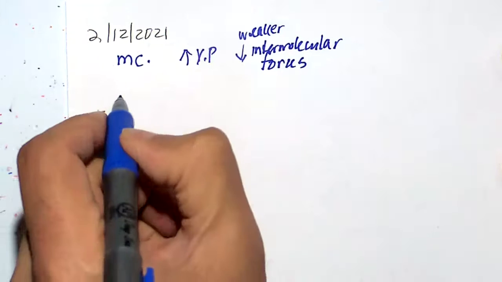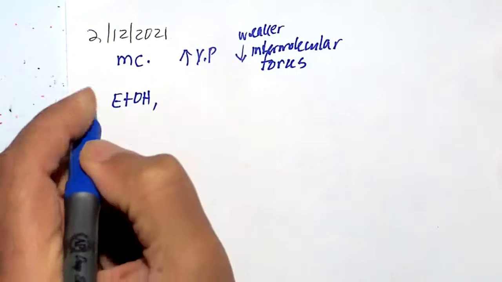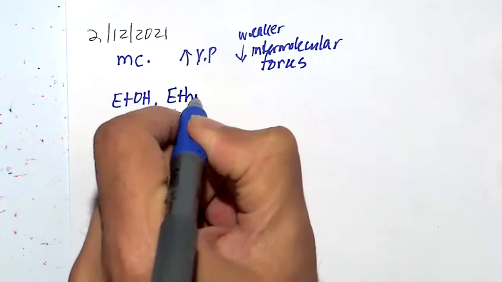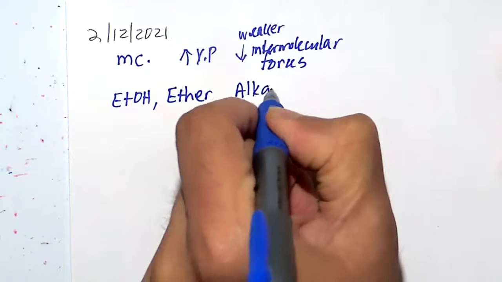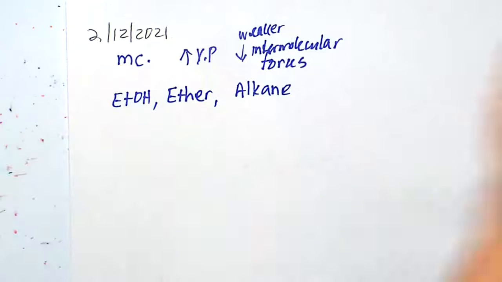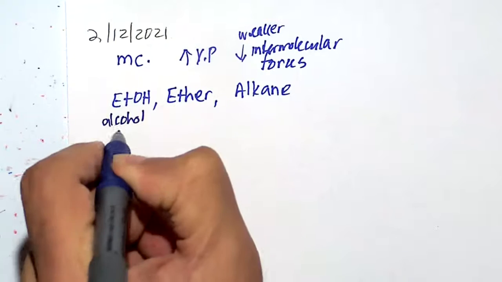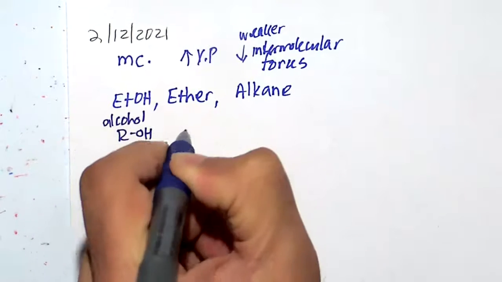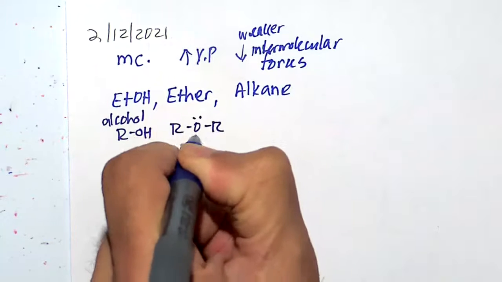As an example, let's take an alcohol, like ethanol. Let's take an ether. And let's take an alkane. Do we know our functional groups? Ethanol is what we will call an alcohol. You can use that sheet I printed out. Do we know what an ether looks like? Ether looks like this with an O in the middle, oxygen.